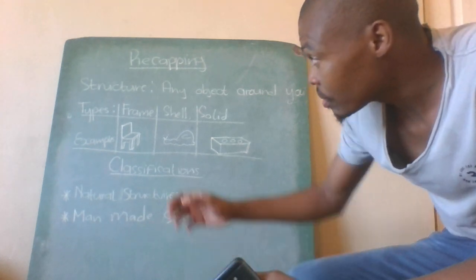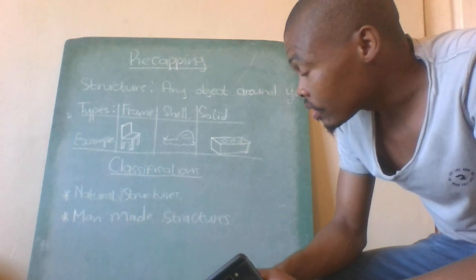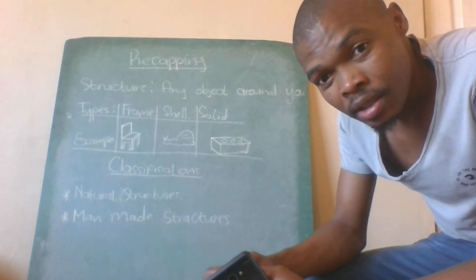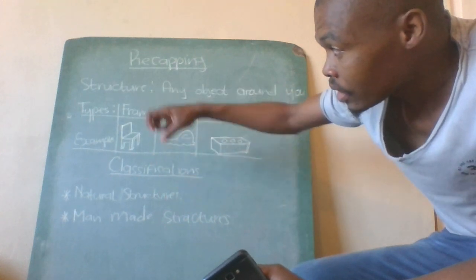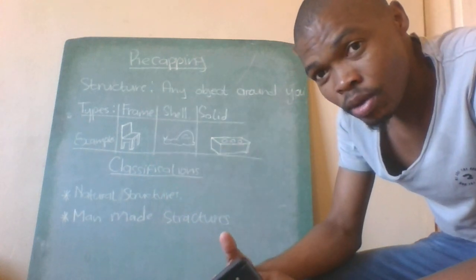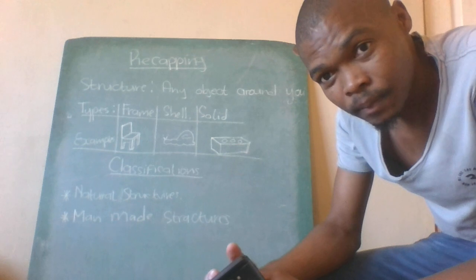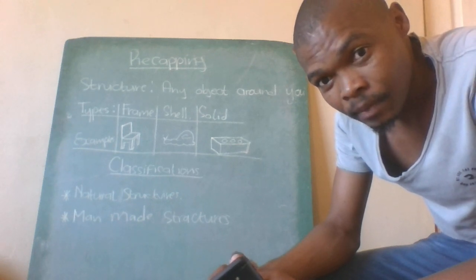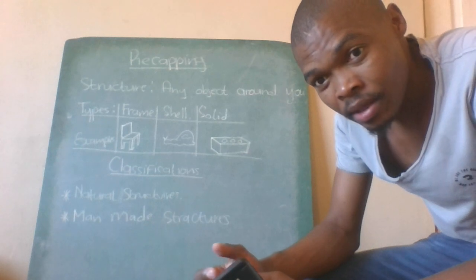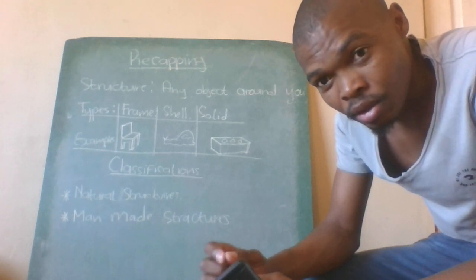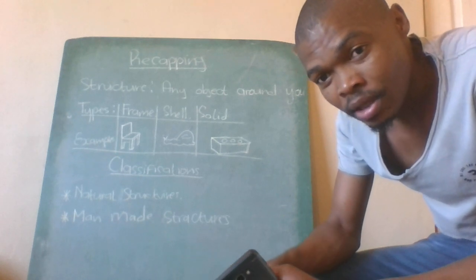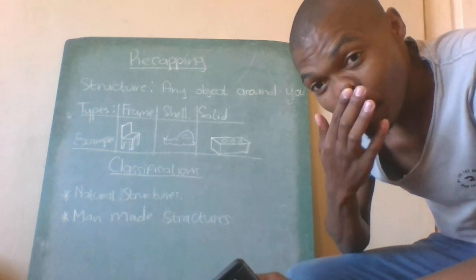For instance, a frame structure, its function is to support a load. So if you are to sit on top of that chair, you become a load to that chair, and that chair supports you as a frame structure. Frame structures, as we have explained, are meant to be strong in order to be able to support the load which might be imposed on it.